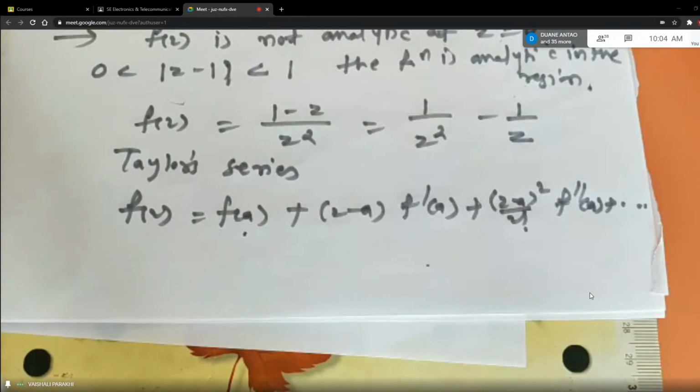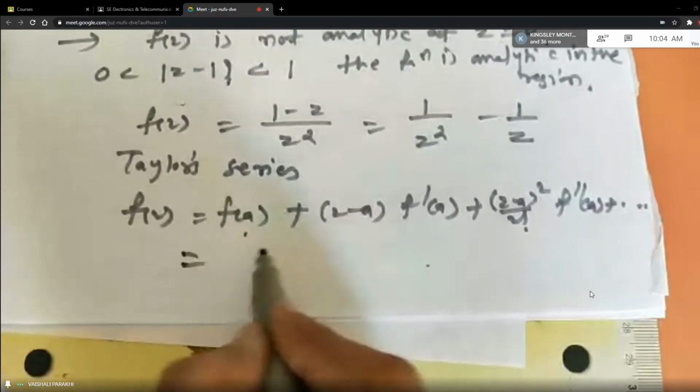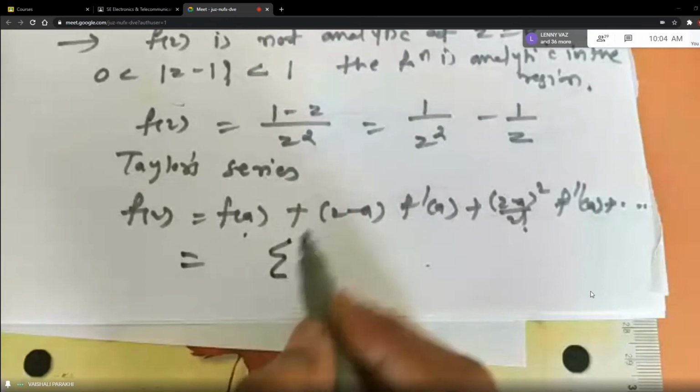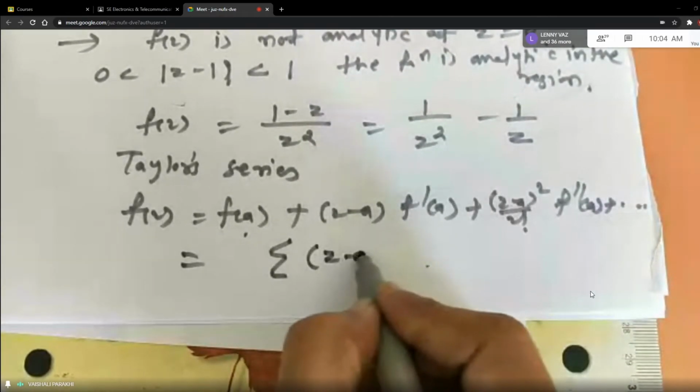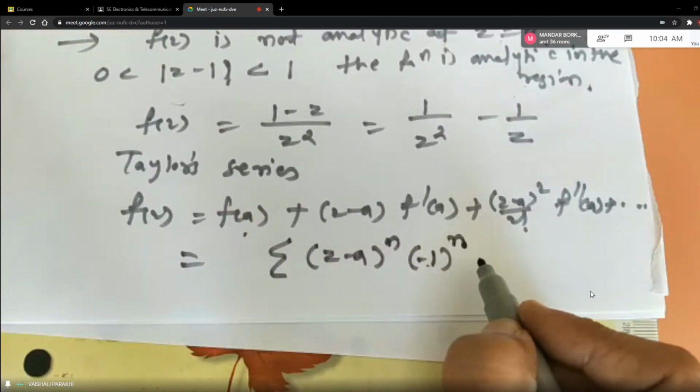This is one way. Now what is the another way? You can directly write it in the form of a summation, students. What will be the summation of this? The summation of this will be z minus a raised to n, minus 1 raised to n, okay?